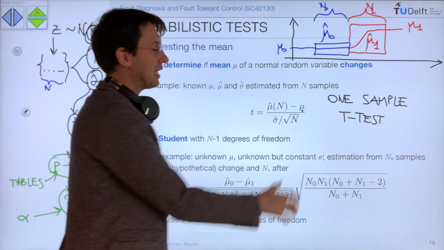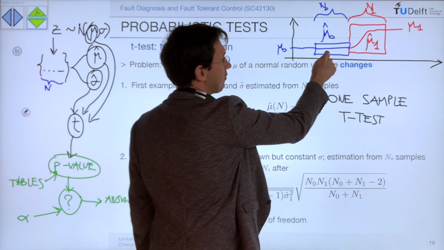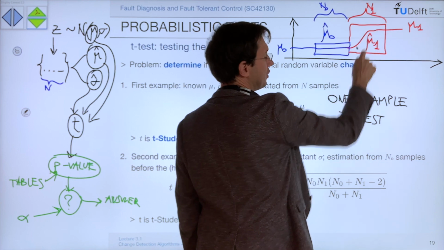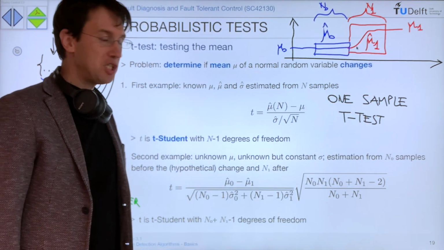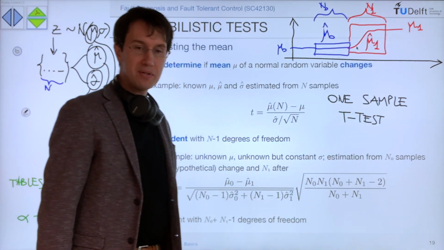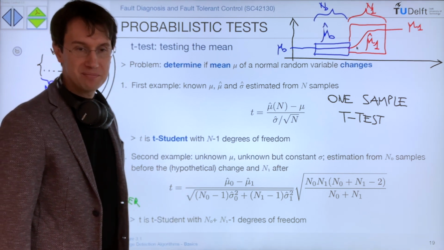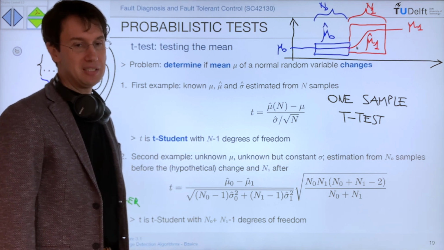But then the problem is, as you move these time windows further to the right, in the first time window you also start to get some values with the new mean. So it is tricky. If the change you are looking for is very slow, this test probably is not detecting it. So this is going to work for sharp, abrupt changes.